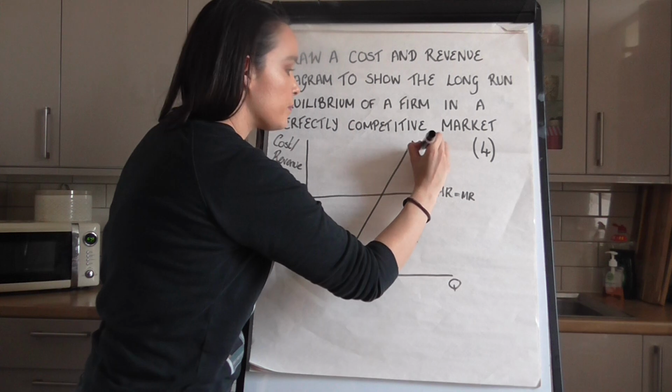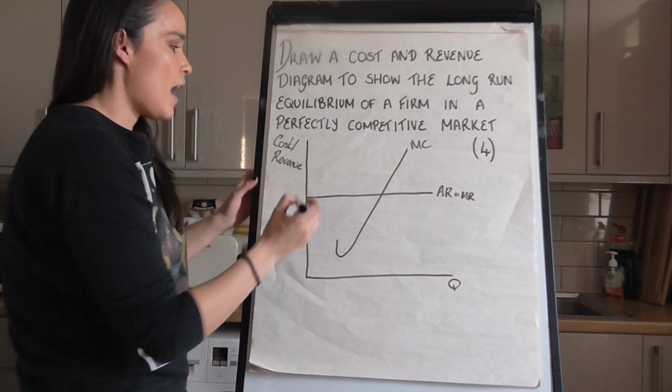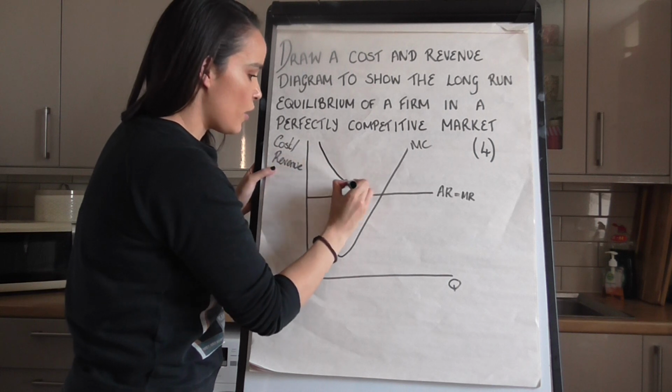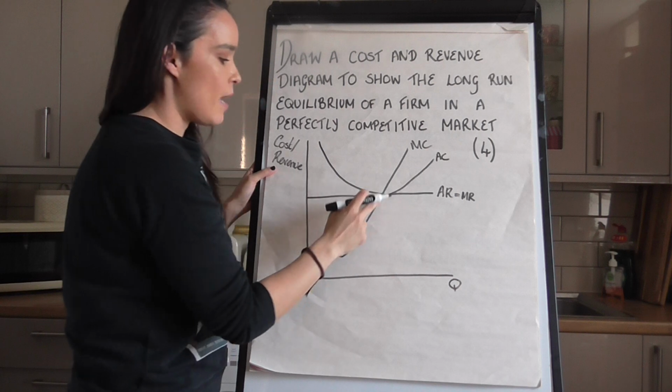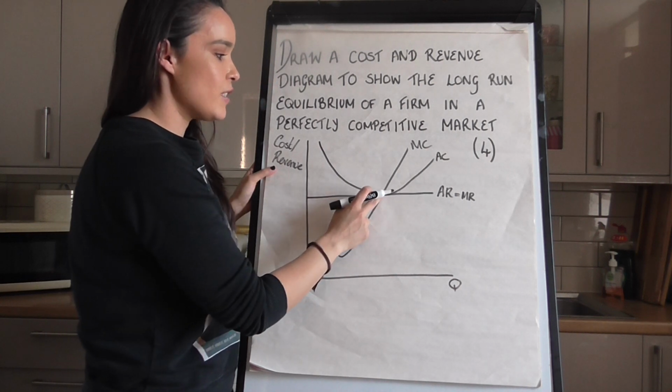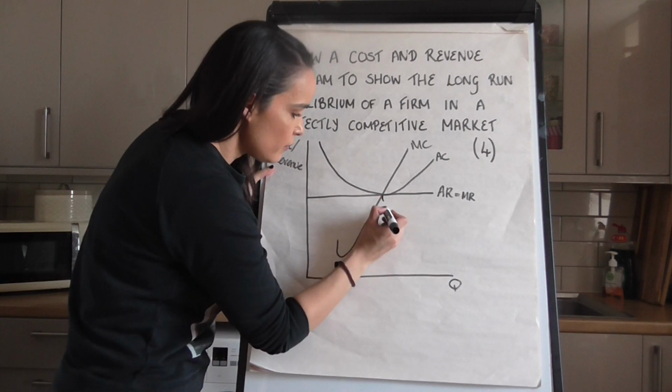Normal MC, exactly the same, that kind of Nike swoosh shape, and then finally you want your AC here, cutting the MC at its lowest point and just touching tangential to the AR and MR.